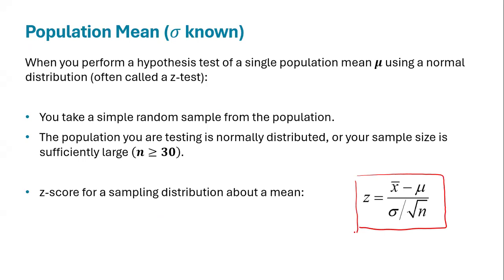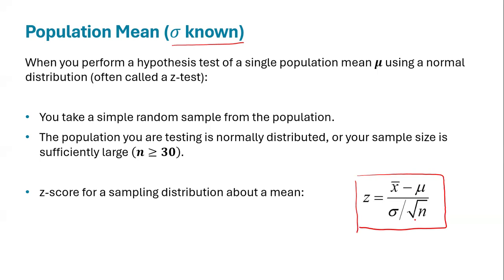Because the claim is on the population mean, we use mu, x bar, which is the mean of the sample, sigma, which is the population standard deviation, because sigma is known for us, and n, which is the sample size.